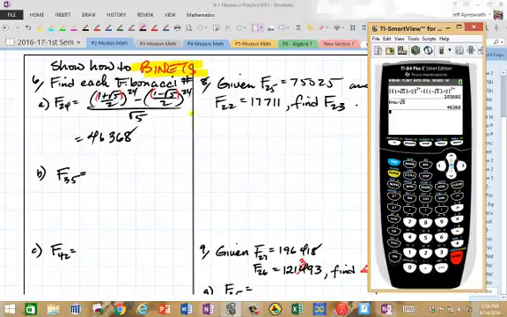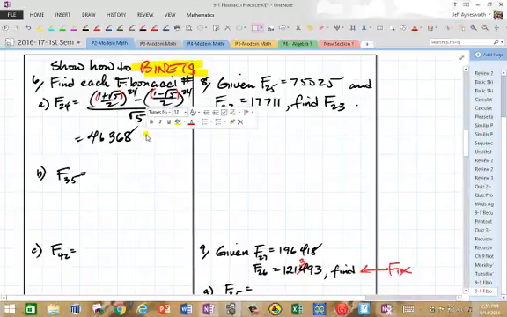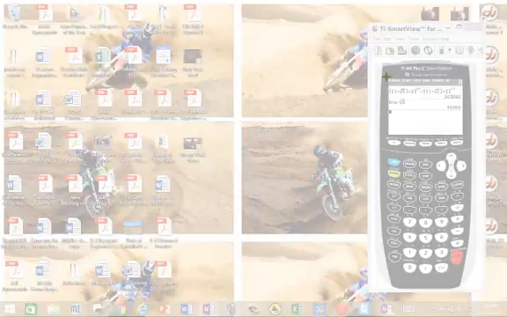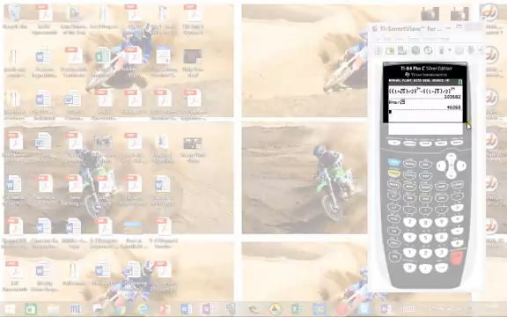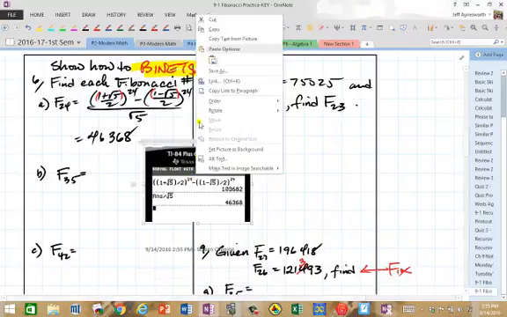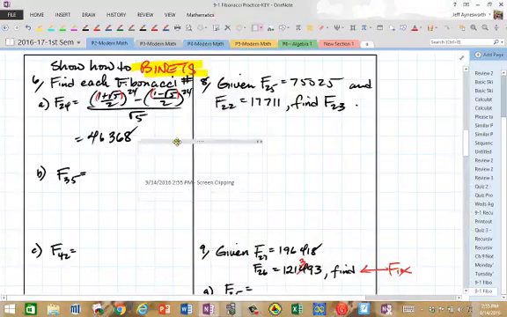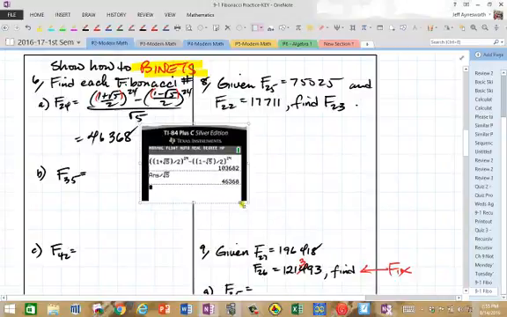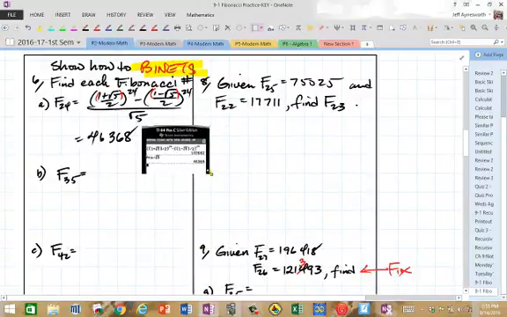All right, now let me do something really cool here. Okay, so this is what I just did on the calculator right here. And that's how I generated the result. You do everything on the TI-84.